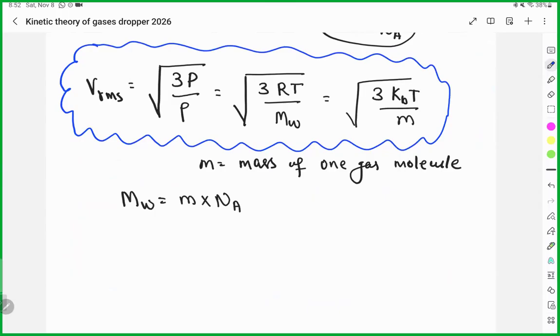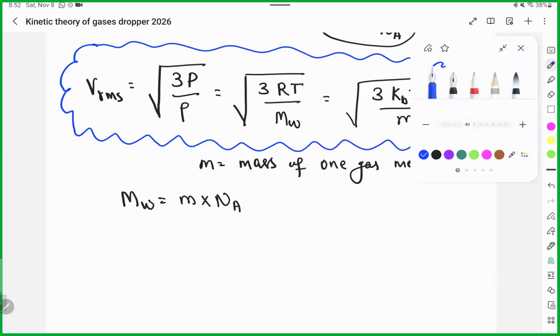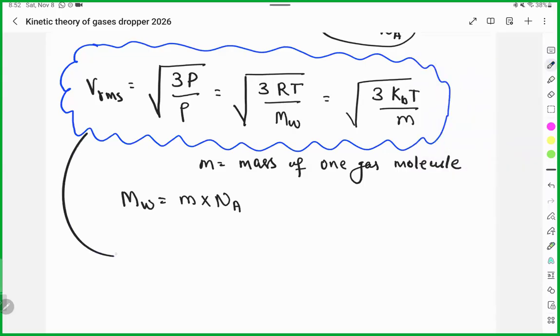Now what could be the question they can ask you in the exam? Usually there is a relation. Example, if density is constant, what is the relation with the pressure? Directly proportional.